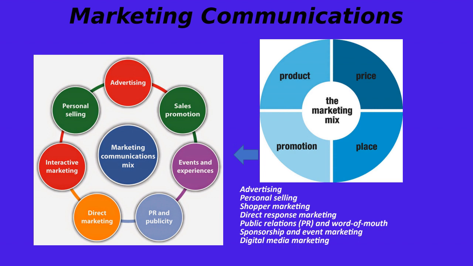Firstly, we looked at product decisions. We have looked at pricing decisions. We have looked at place decisions, distribution decisions. Those are what you are completing for your part 2 this week. And then this chapter looks at what we call promotion decisions, or marketing communications.